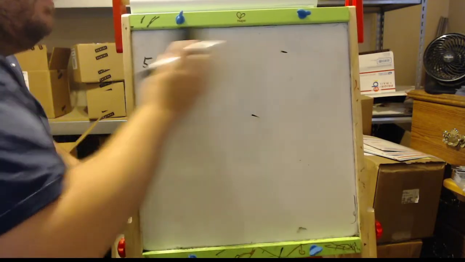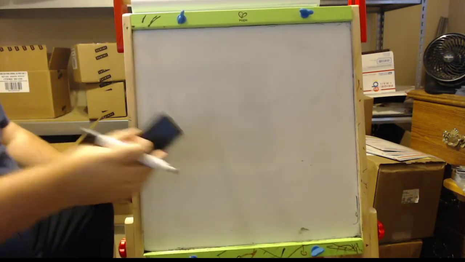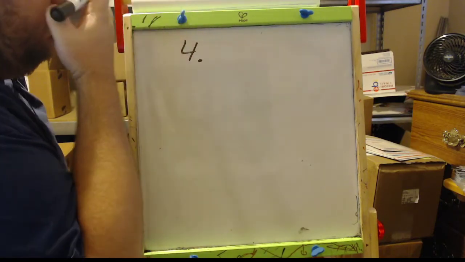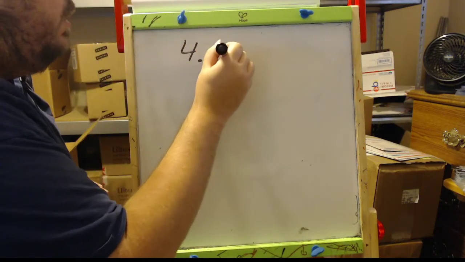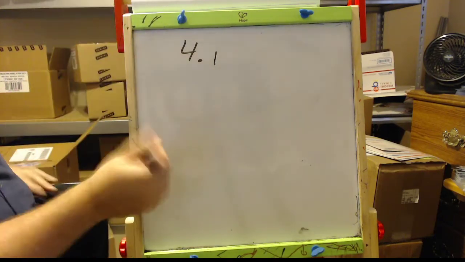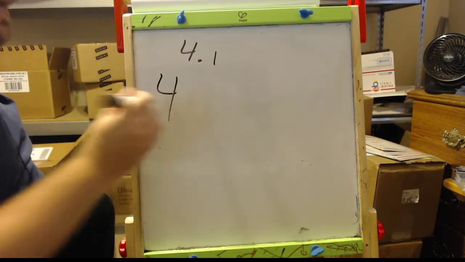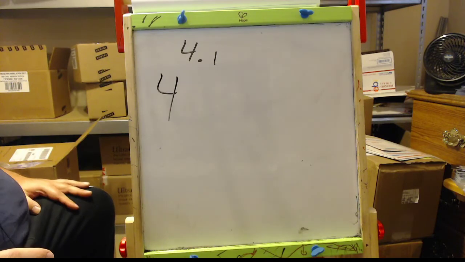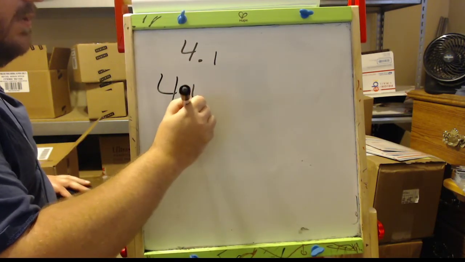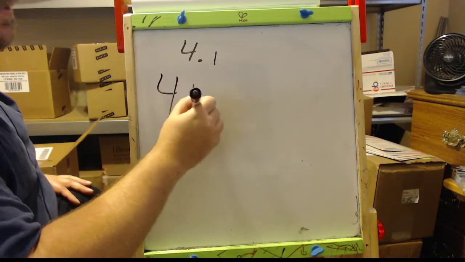So if I had a number like this, 4.1, let's do it that way. And I wanted to write it as a fraction, a mixed fraction. 4, what position am I in? The tenths, and I have a 1. 4 and 1/10. Now I want to write it as an improper fraction.